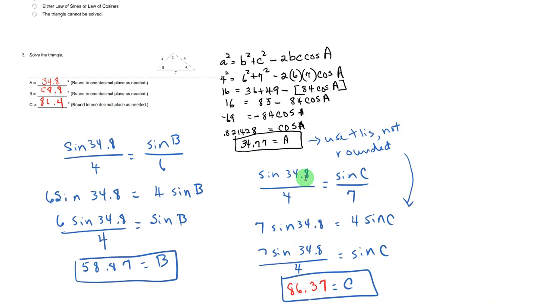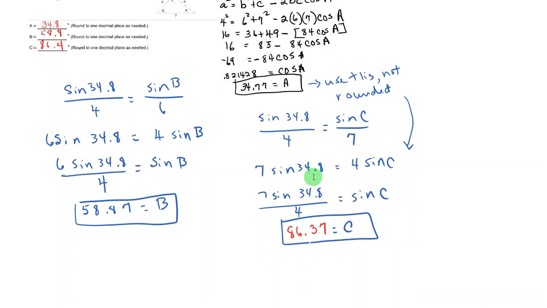But when you are doing everything else, don't round to 1 digit. Just go ahead and use the whole thing. So, for example, sine of 34.8 over 4, and I did not do that in that writing there.